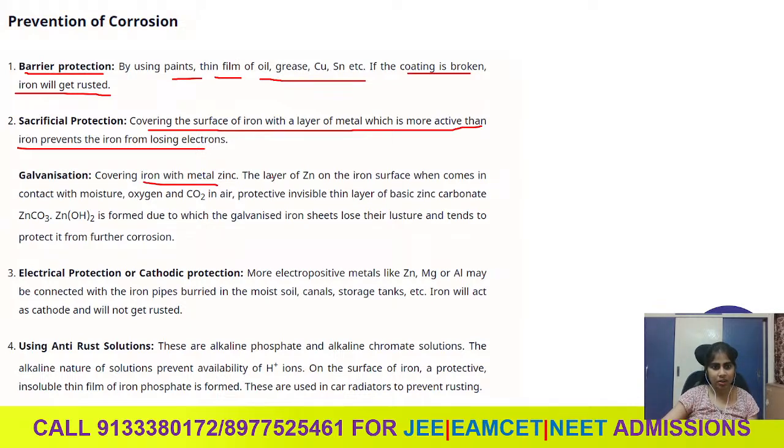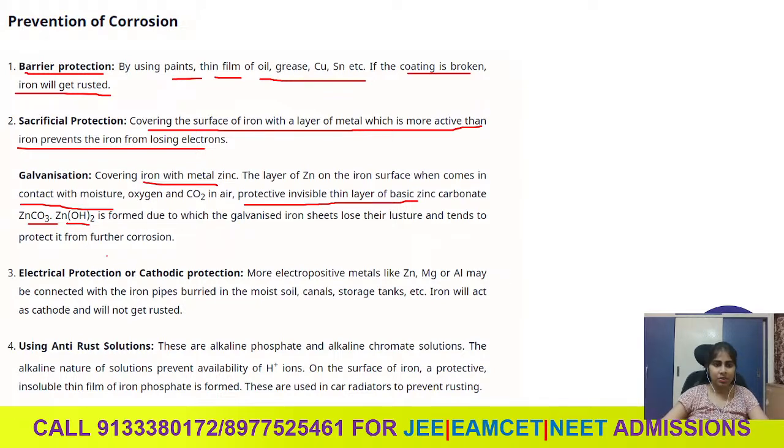It means a layer of zinc will surround the iron metal, which prevents it from contact with moisture, oxygen or carbon dioxide present in the air, and forms a protective invisible thin layer of basic zinc carbonate and zinc hydroxide.